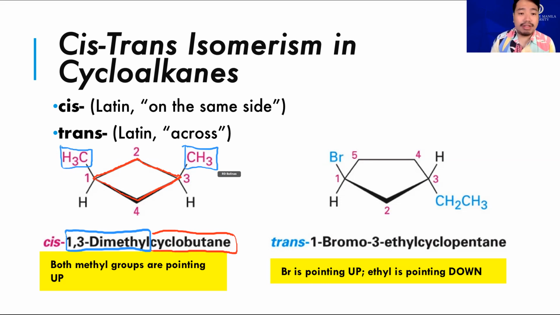And then the last part of the name, cis. Cis means that these particular groups on the ring are both located on the same side. So in this particular drawing, they're both drawn going upwards. Clear to everyone how to interpret this name?